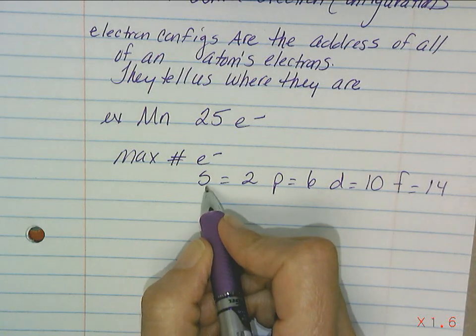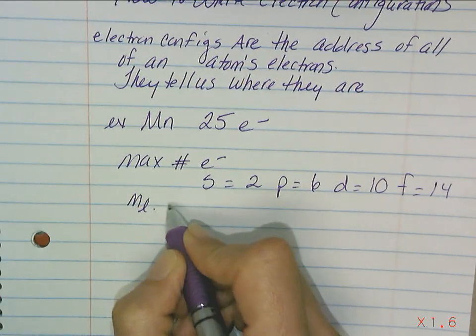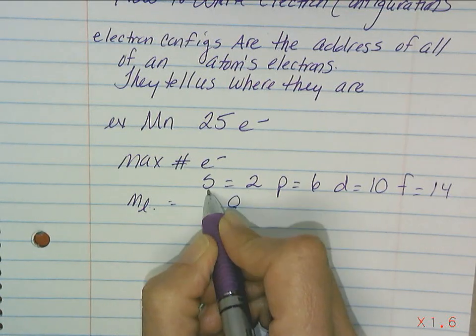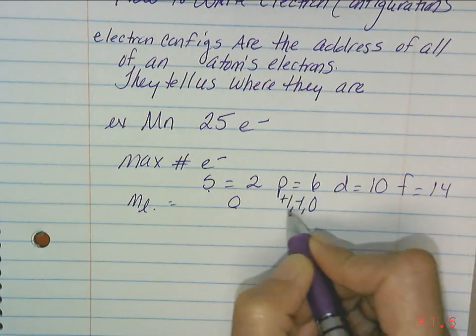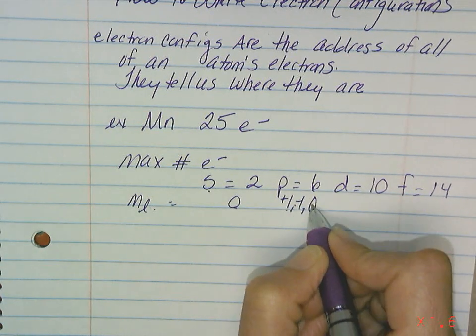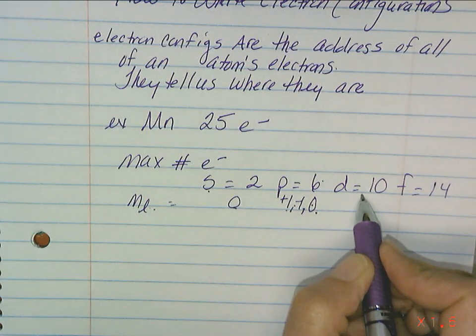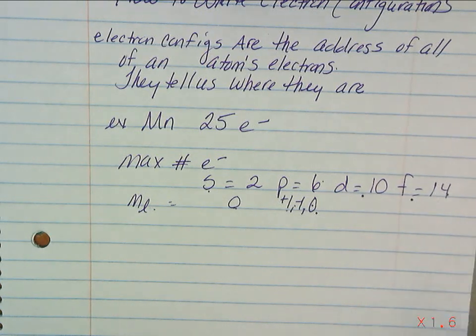Do you remember when we talked about how many m sub l's there were? Well, there was only one number for s, 0. There was a +1, a -1, and a 0 for p. That's 3. You can put 2 in each one, so 6. D is 10 because you have 5 numbers, and then you have 7 numbers for f, so 2 in each, 14.